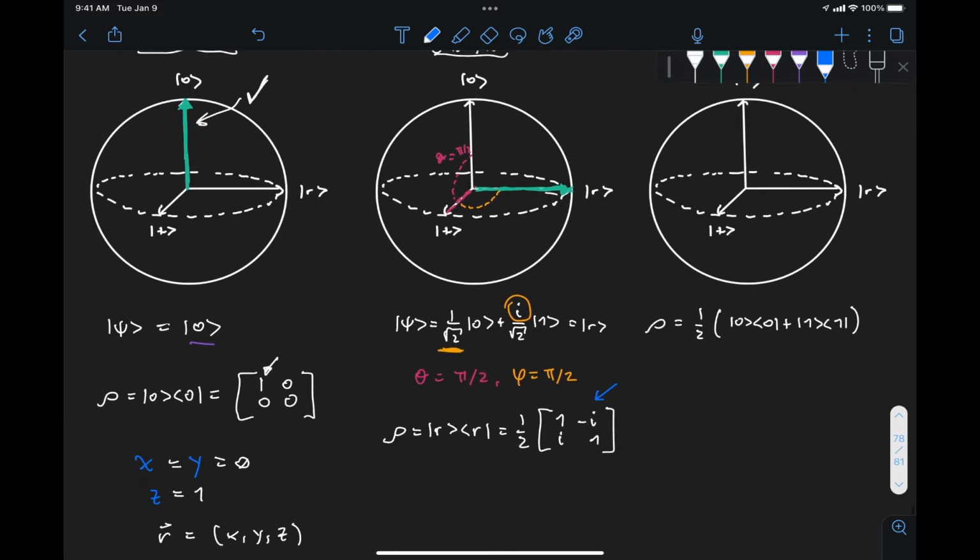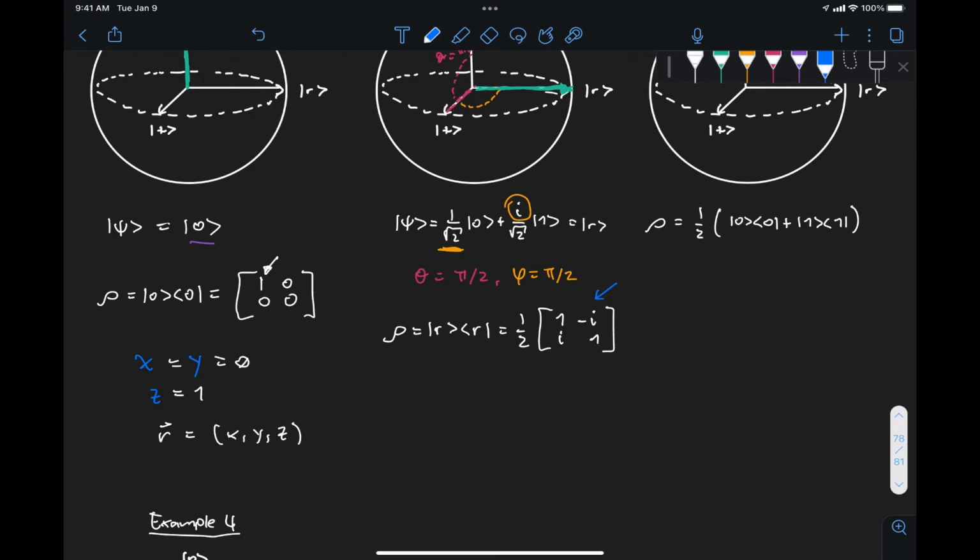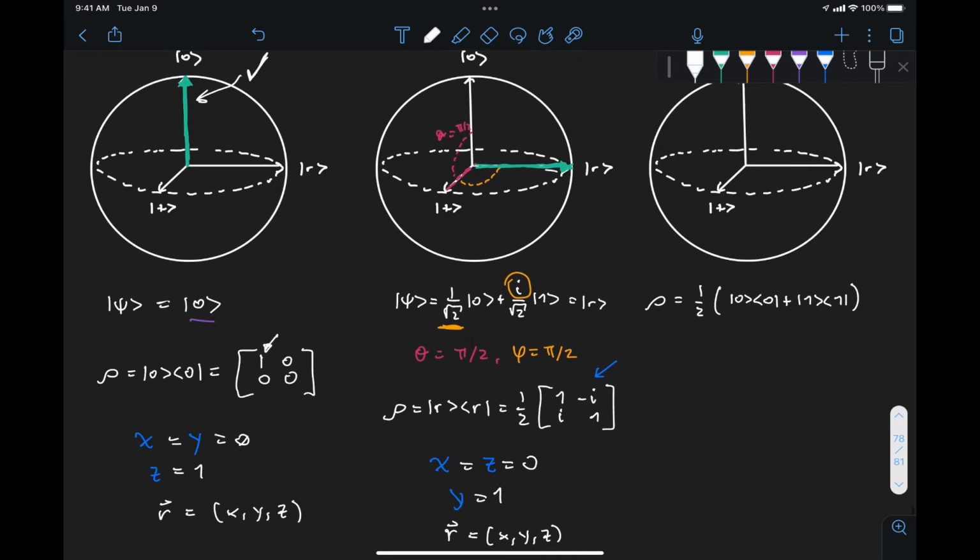Right, so if we write this down here, we now have that x and z must be equal to 0 and y must be equal to 1, which, by looking again at our Bloch vector, which has components x, y, z, corresponds to a unit vector along the y-axis, which is the same that we had obtained using the state vector representation with the angles theta and phi.